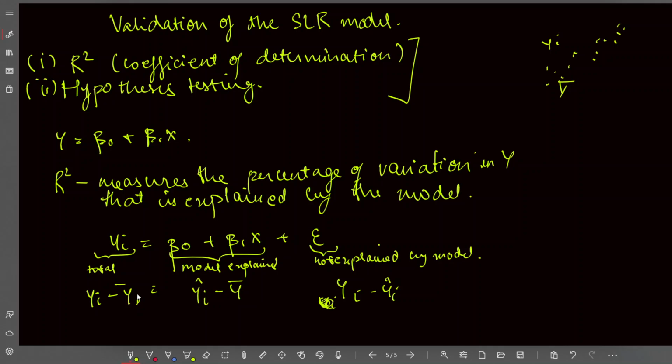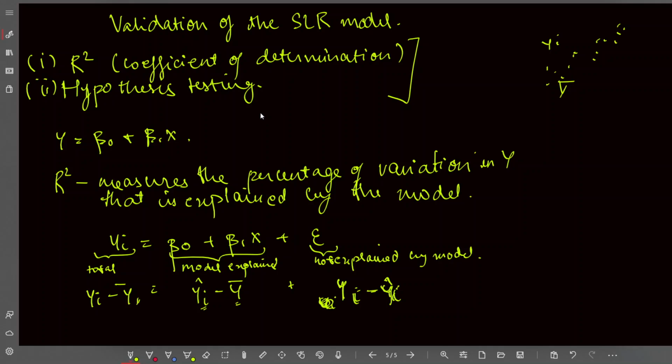The variation explained by the model is the difference between the estimated value of yi, which is the predicted value, and the mean value of y. And the variation that's not explained is the difference between the actual value yi minus the predicted value yi hat. If you add all of this together, you would still get the same equation for the linear regression.